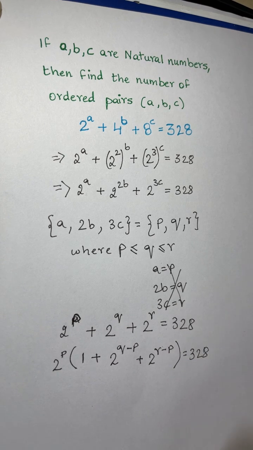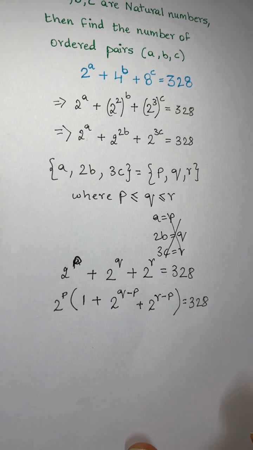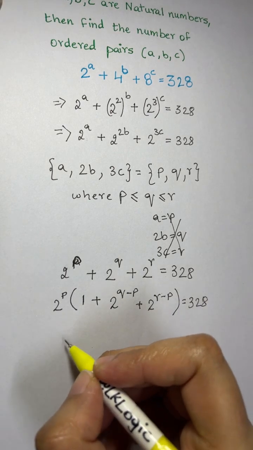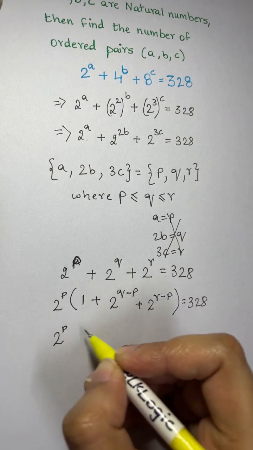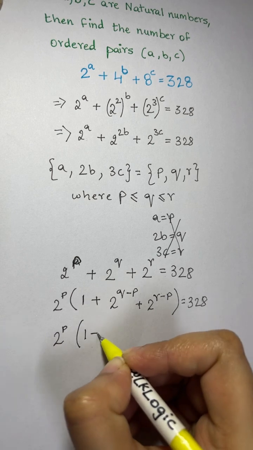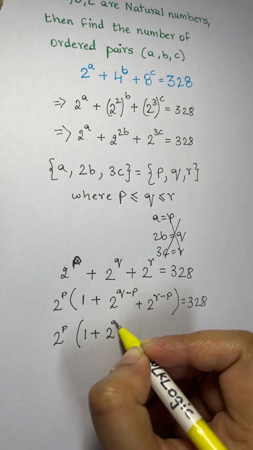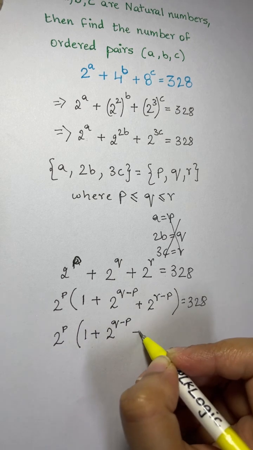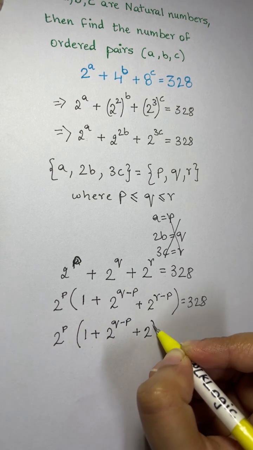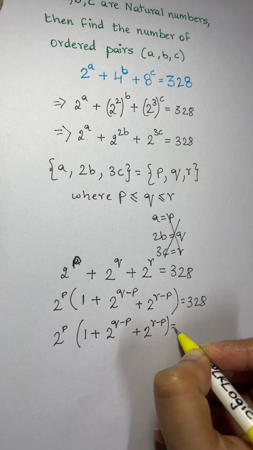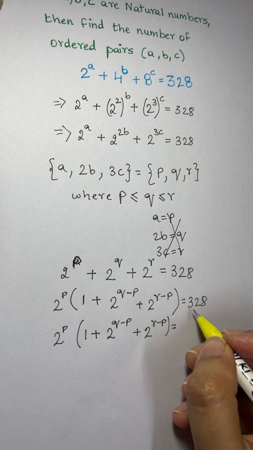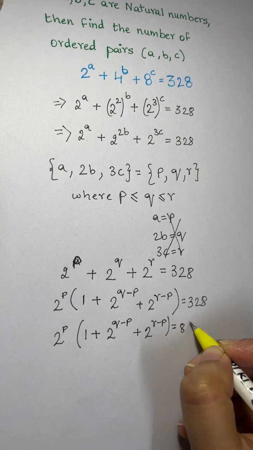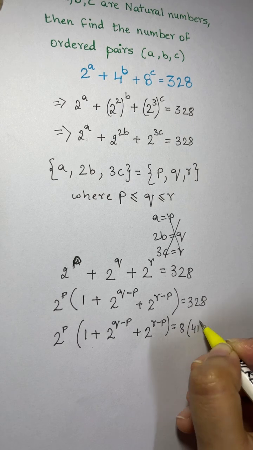And 328 we can also decompose, so that will be 2 to the power of p times the bracket equals 8 times 41.